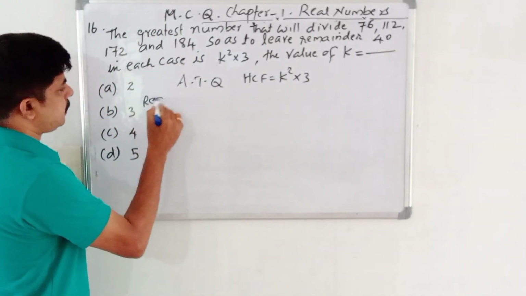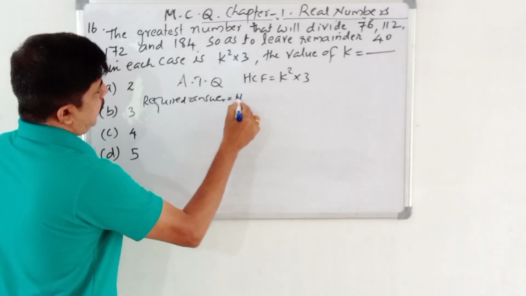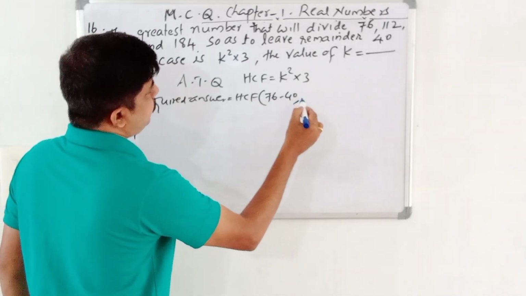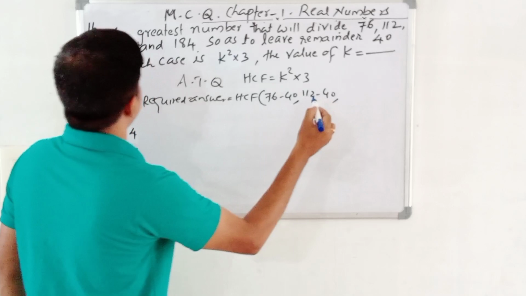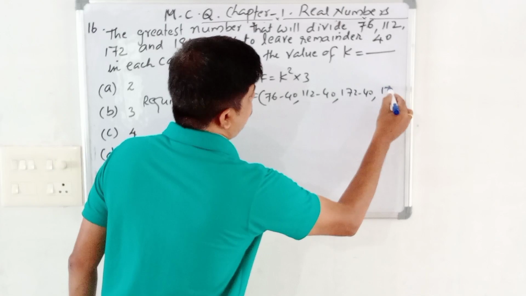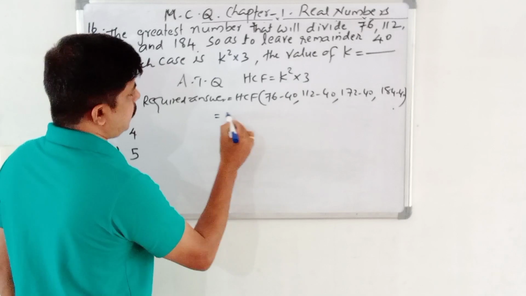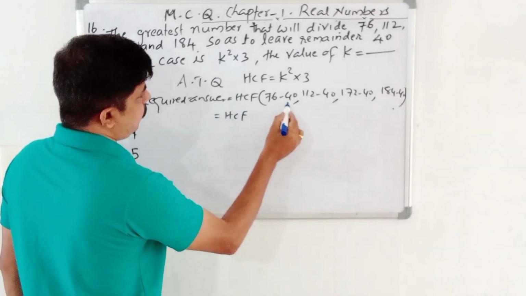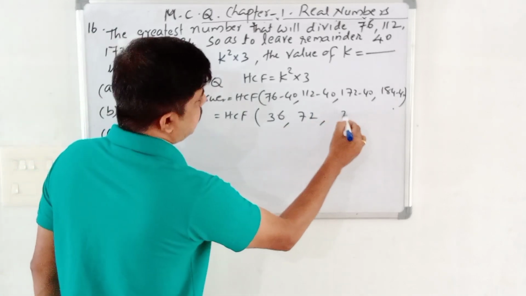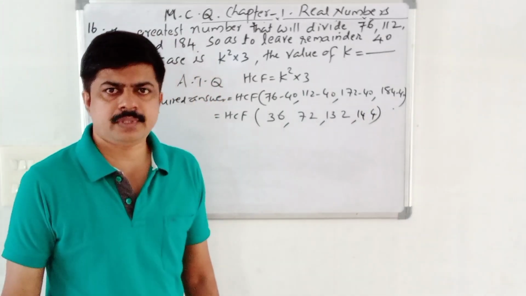Therefore, the required answer is the HCF of 76 minus 40, 112 minus 40, 172 minus 40, and finally 184 minus 40. 76 minus 40 we have 36, 72, 132, 144. We need to find the HCF for these 4 numbers.